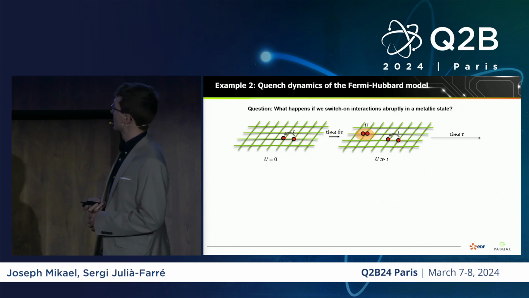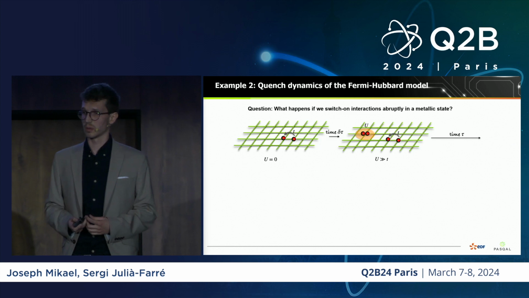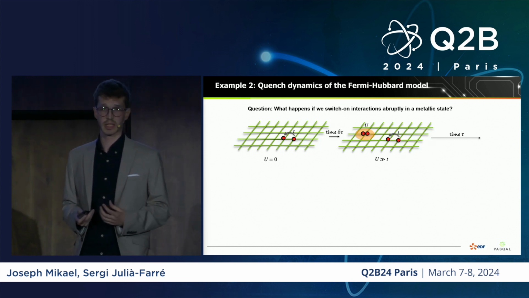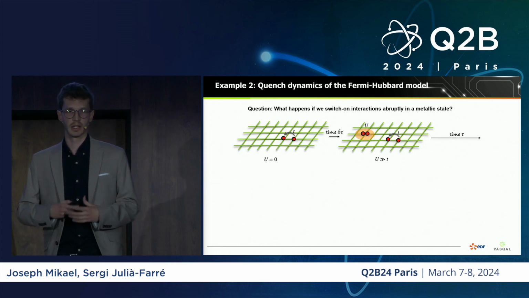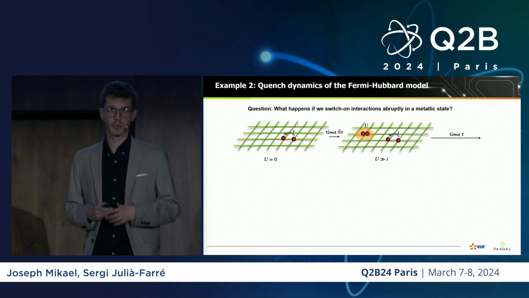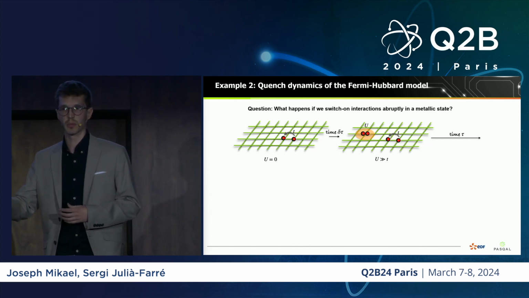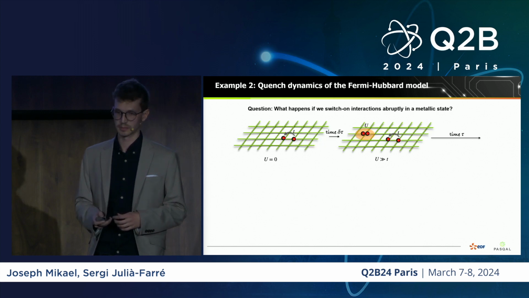Another example that is even more challenging to simulate classically is to study quench dynamics. So we study a situation in which we start in the metallic phase, so the electrons are free, and we turn on high interactions very abruptly. So in a very small amount of time, we put a large interaction, and then we let the system evolve, and we're interested in studying how things evolve in this scenario.